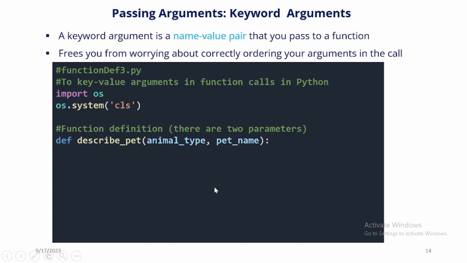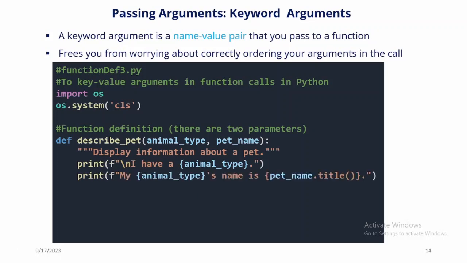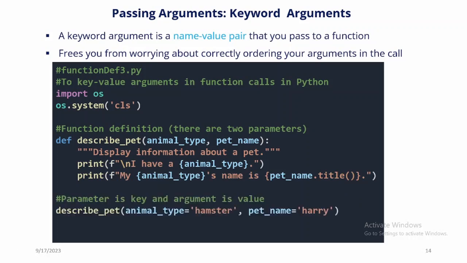So we still have the same function again. It's not changed. Describe pet, animal type, pet name. I have an animal type, my animal type's name is pet name. It is the same function, we haven't changed anything. The only difference is in the call.